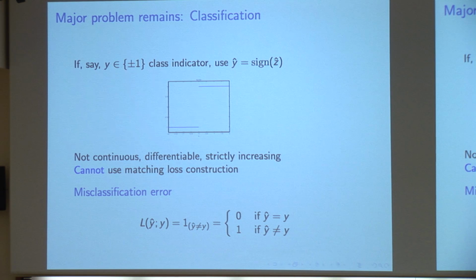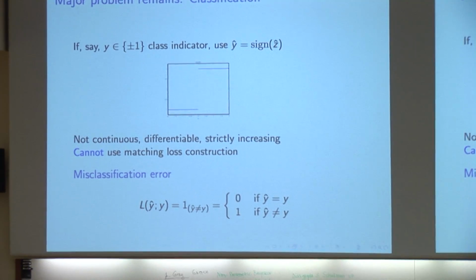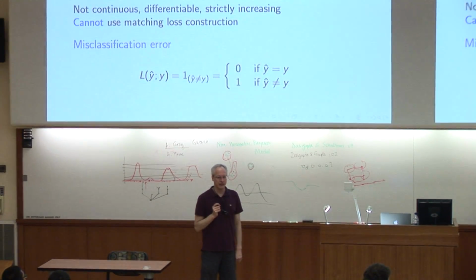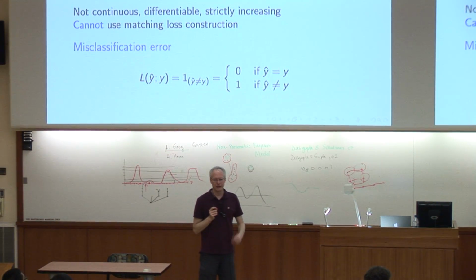Associated with the step function, there is a natural loss function, by the way. It's not a matching loss function, but it's natural. And the natural loss that we associate with the step is the simple misclassification error, right? There's only +1s and -1s, and all targets are +1 or -1, all guesses are +1 or -1. There's only 4 things that can happen, and only 2 loss values, right? You're right or you're wrong.